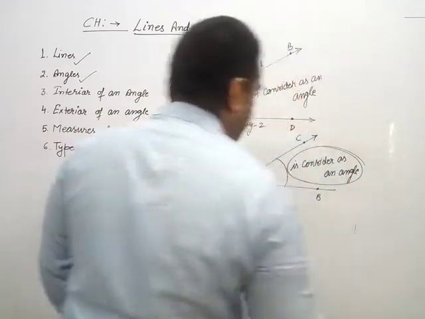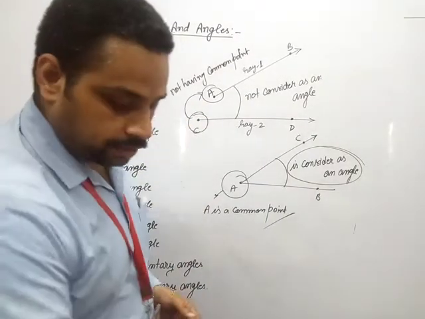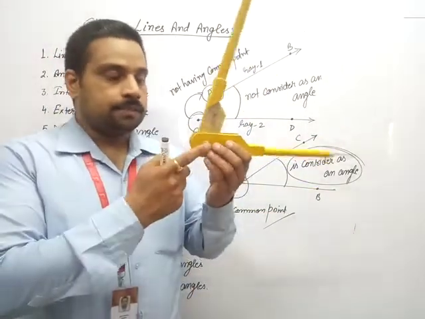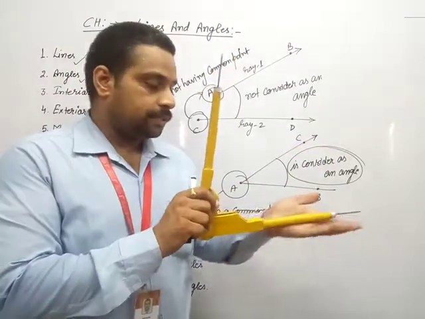So what is the definition of an angle? The definition of an angle is a gap between two rays. Here you will see that this is a fixed point, this is one ray, and this is the second ray.